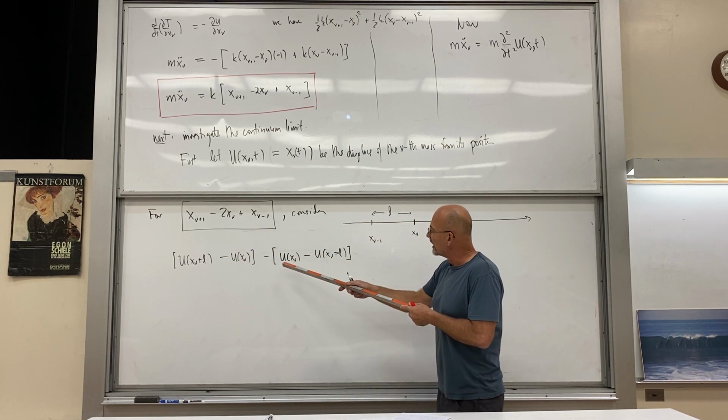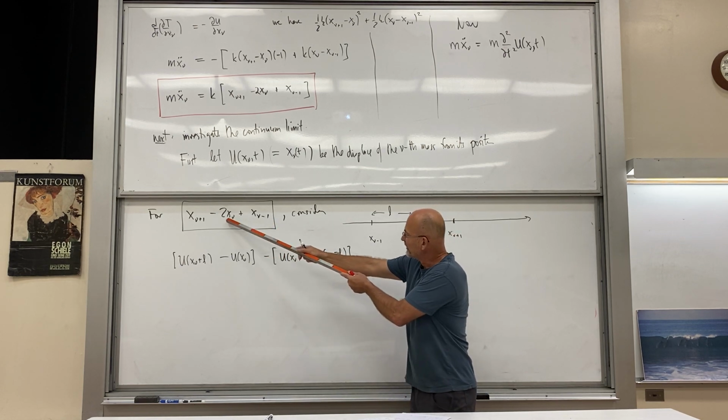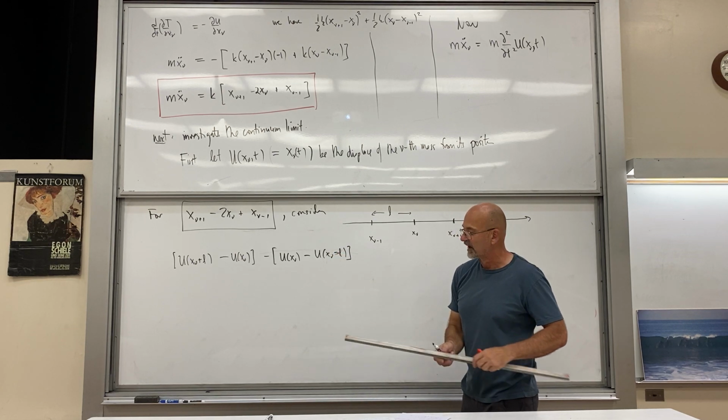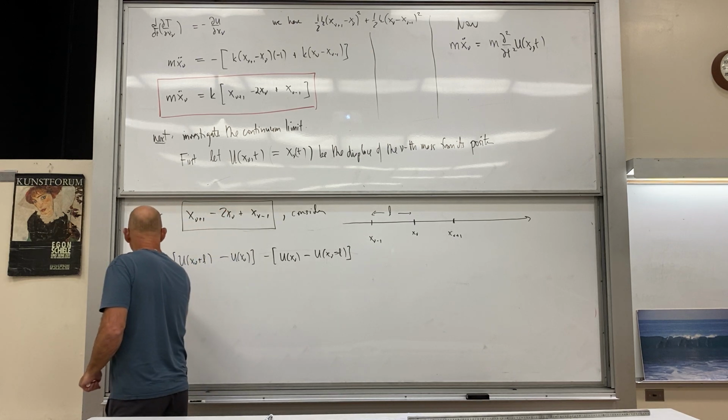And the other one minus the other one here, that's the second one, and then minus the negatives is plus this right here. Okay, so this construction.